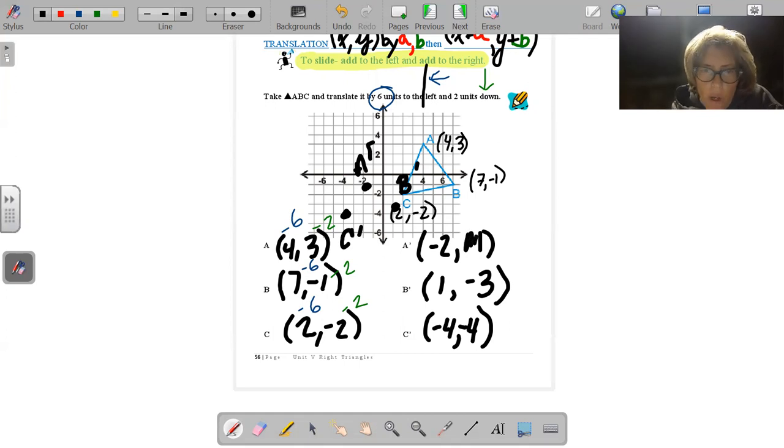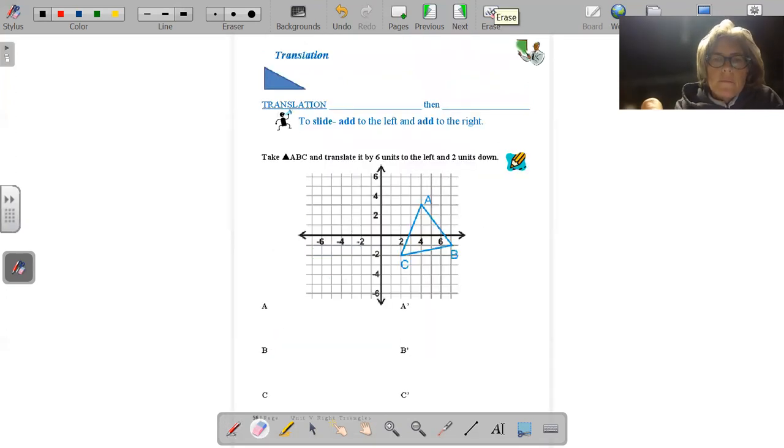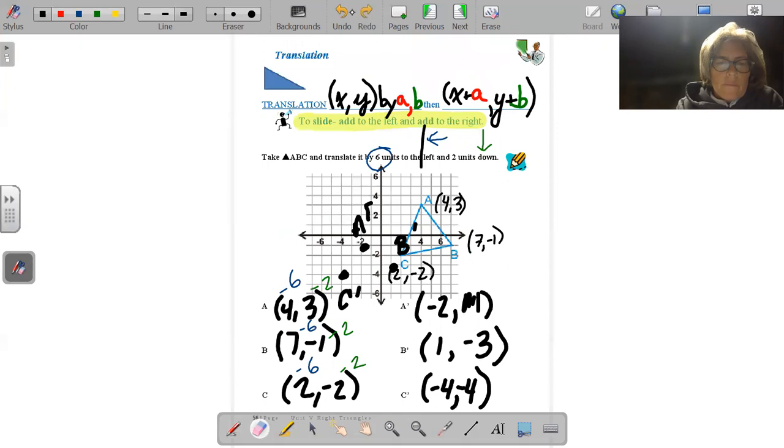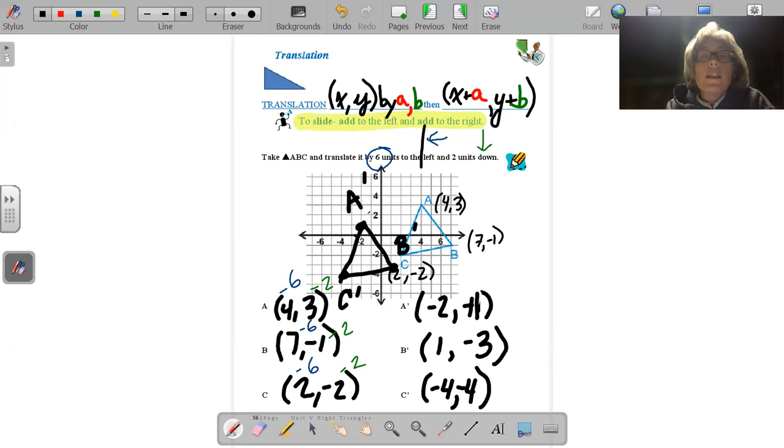This is +1, not -1. There it is. All right, so we have the same triangle. It should be the exact same shape, just slid over.